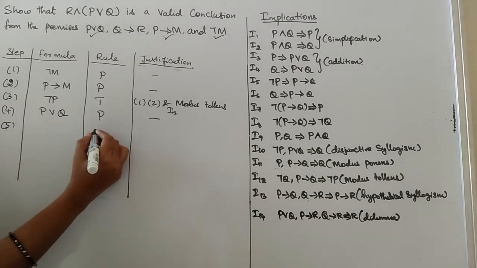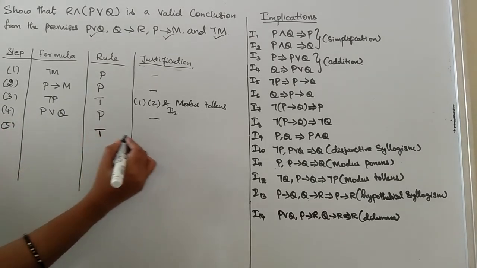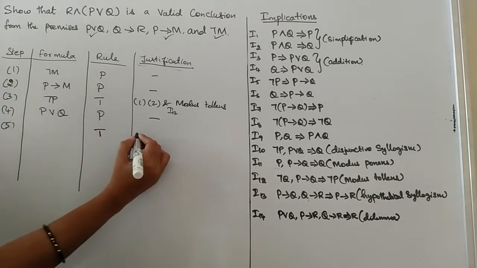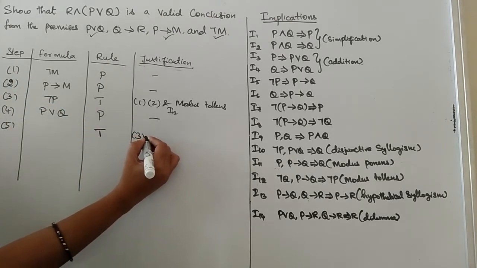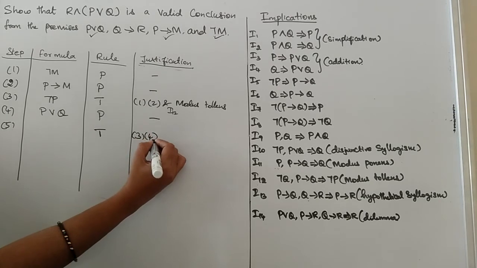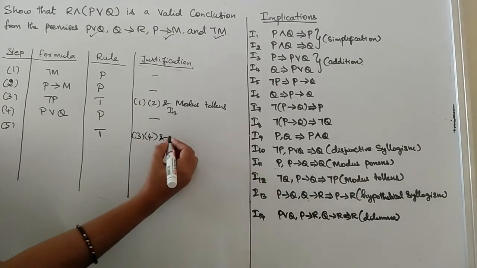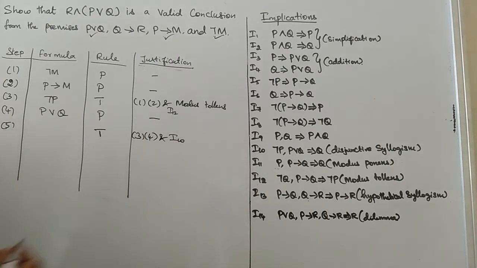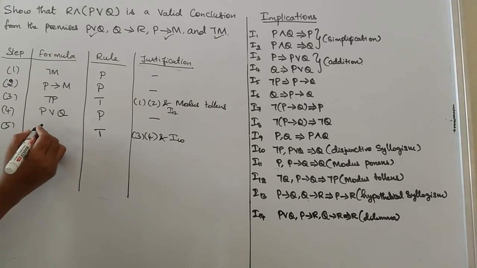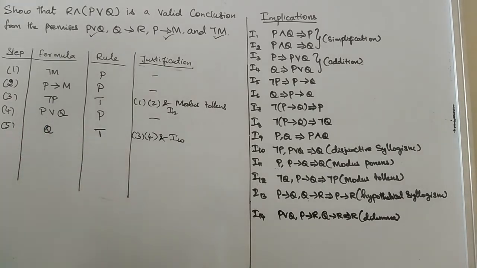So based on rule T, the justification is statements 3 and 4, and it is I10. Based on I10, I derive the formula Q.